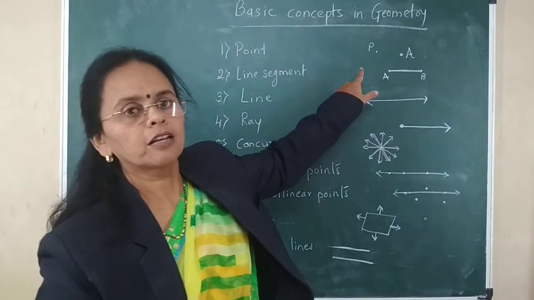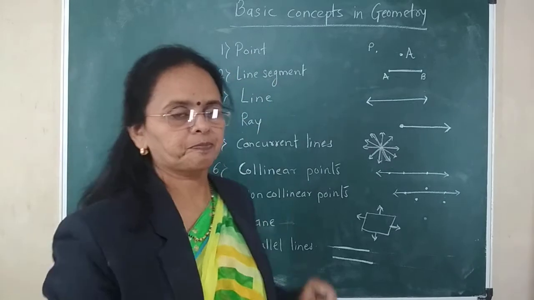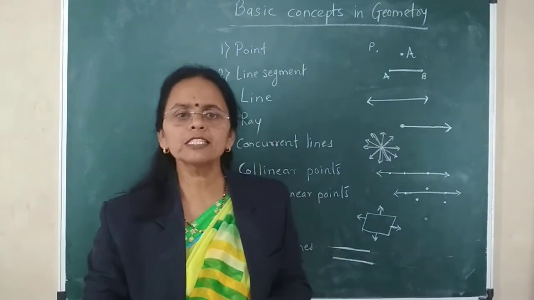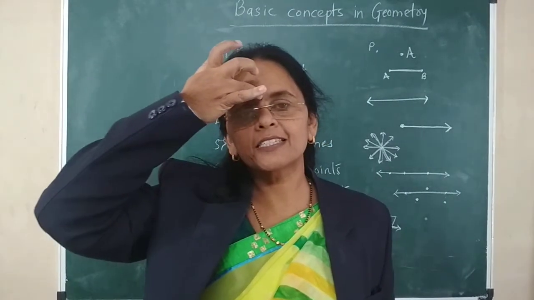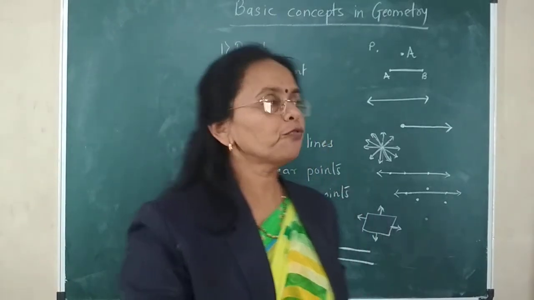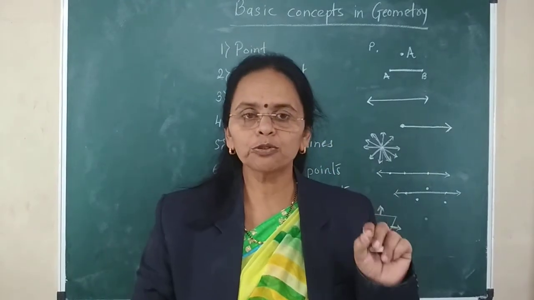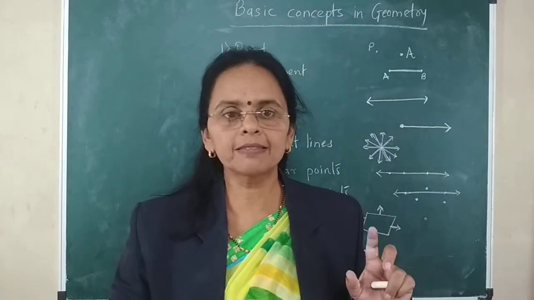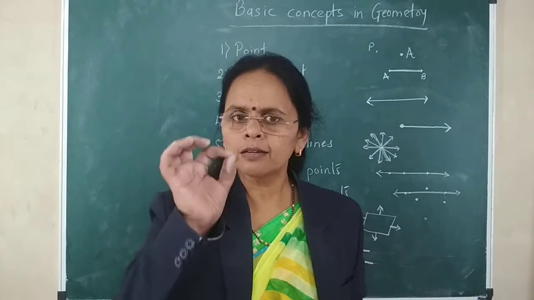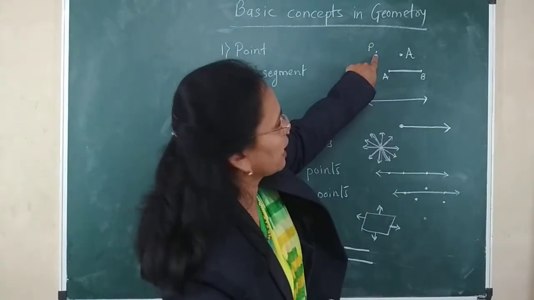First of all, we will learn point. What is a point? See this. This is the point. If you have to draw a point, first of all, you should take a sharp pencil and give a single dot, like this.